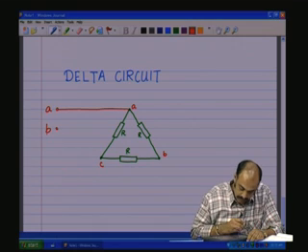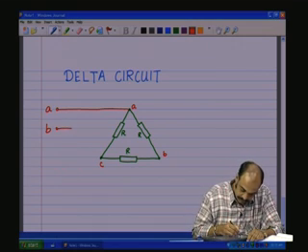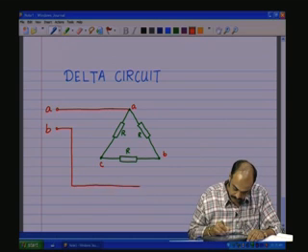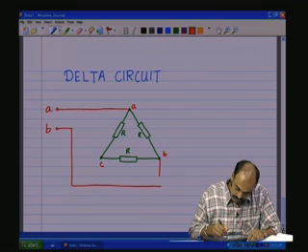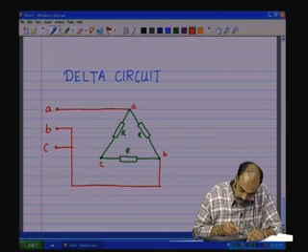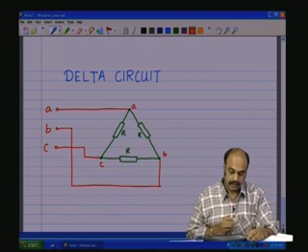The B line of the source is connected to the B terminal, and the C line of the source is connected to the C terminal of the circuit, as shown.